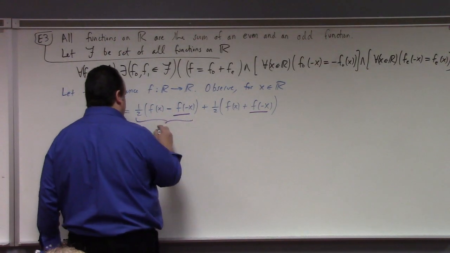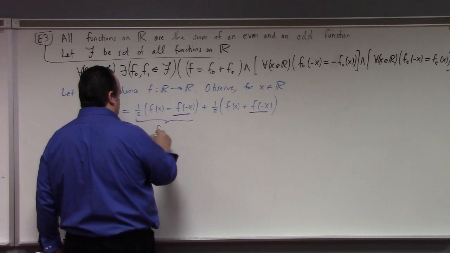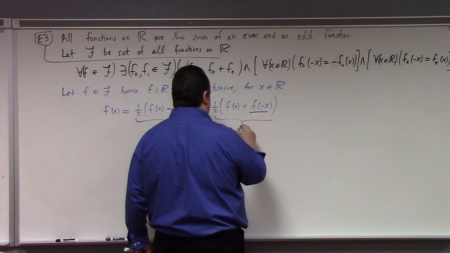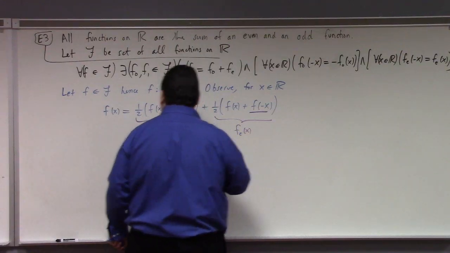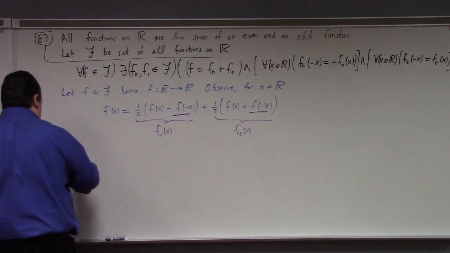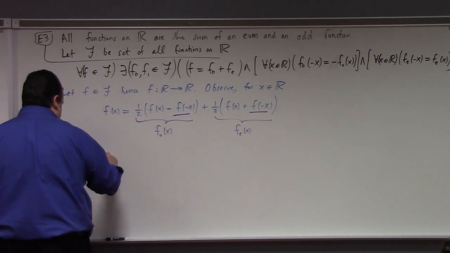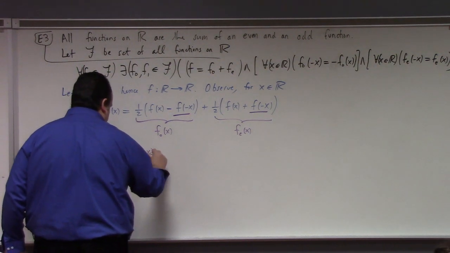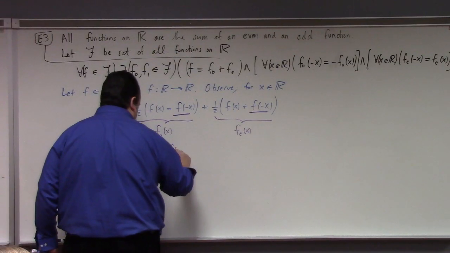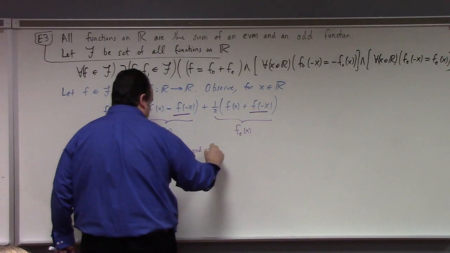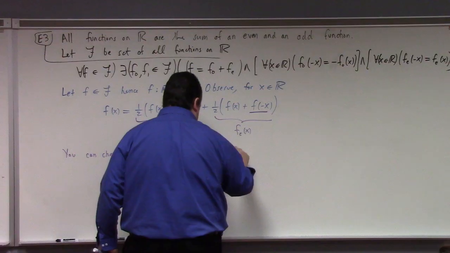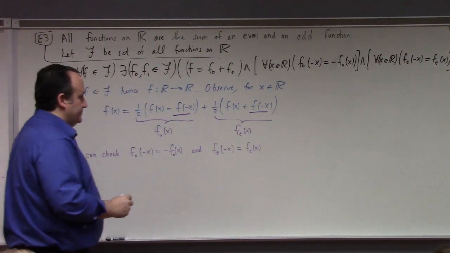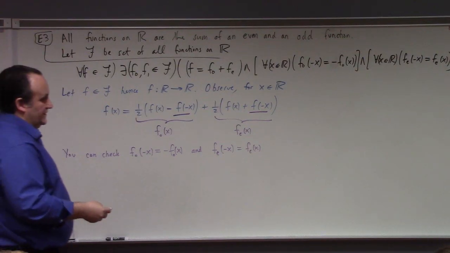So let this define f sub o of x. Let this piece right here define f sub e of x. You can check f sub o of minus x is equal to minus f sub o of x, and f sub e of minus x is equal to f sub e of x. Thus, the claim follows.